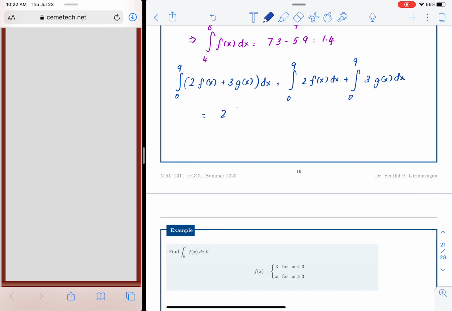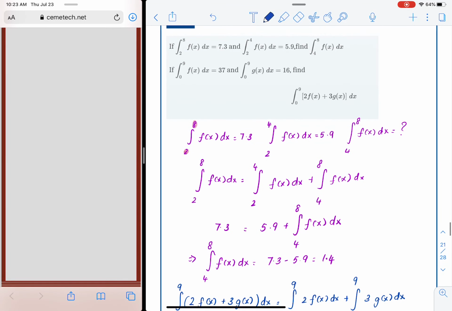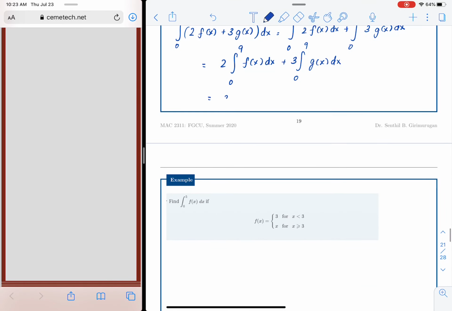We can pull the constant out, so 2 times the integral from 0 to 9 of f(x) dx plus 3 times the integral from 0 to 9 of g(x) dx. And those two integrals are given to us in the problem. The values are 37 and 16. So I could write it as 2 times 37 plus 3 times 16. So 74 plus 48, which is 122.